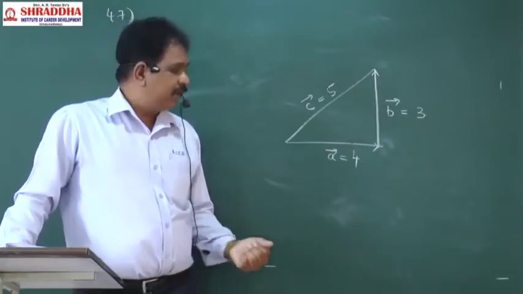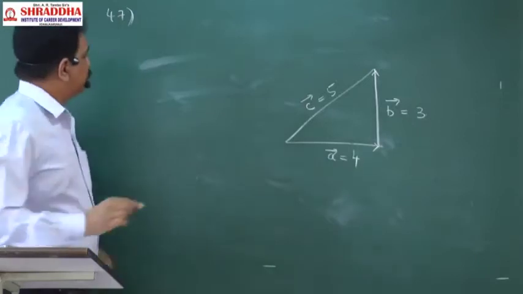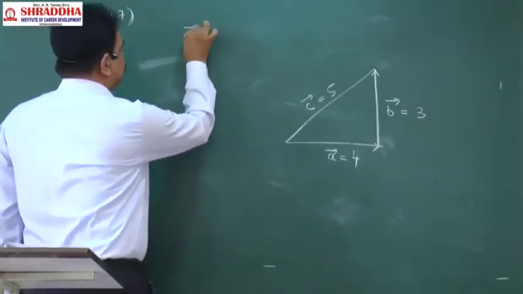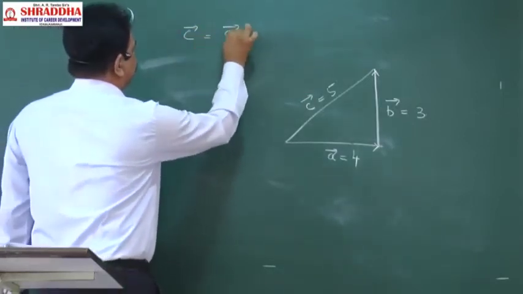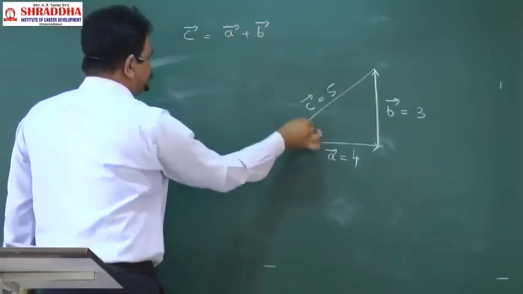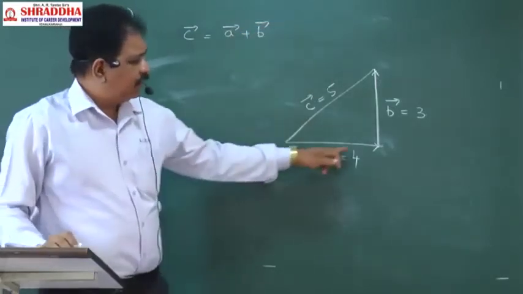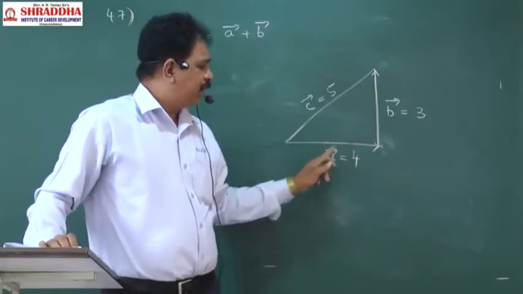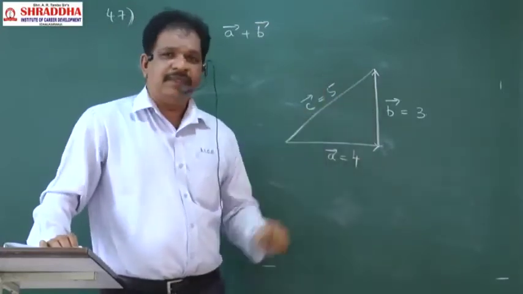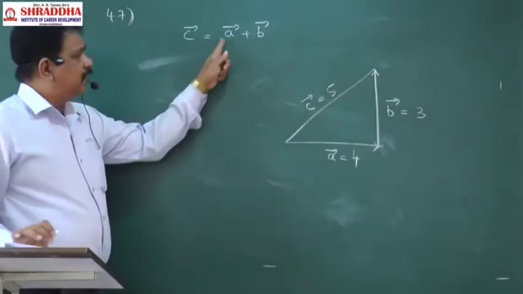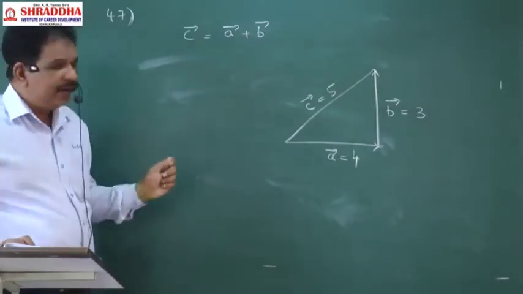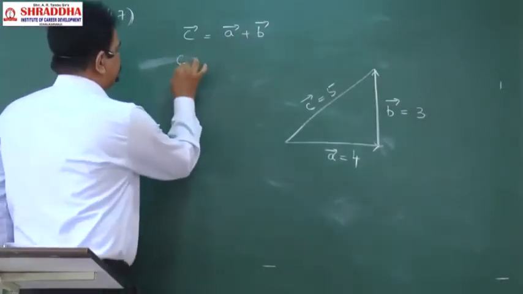They are asking. Okay. So here C bar is equal to A bar plus B bar from this diagram. By the triangle of vectors, A bar plus B bar is equal to C bar. Then these are vectors, right? If you find the magnitude, what will happen?